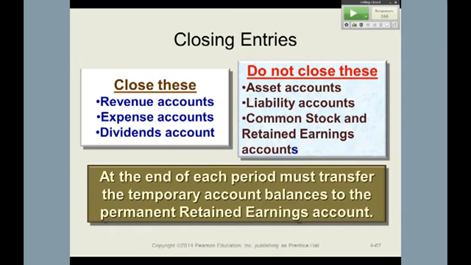Then you would close out expenses. And we'll go back to that travel agency example in just a second. How would you close out expenses? All expenses have a normal balance of a debit. In order to make those zero, you have to what? Credit them. So in entry B, I'm going to close this account, and I will debit income summary for the closing.